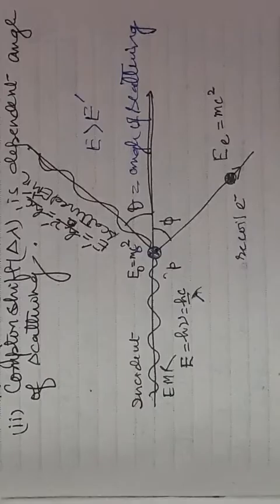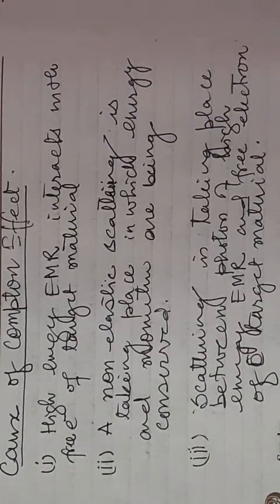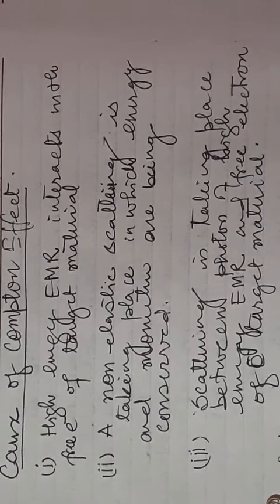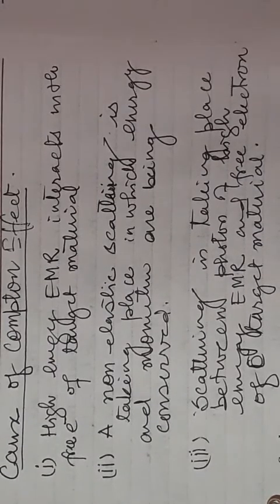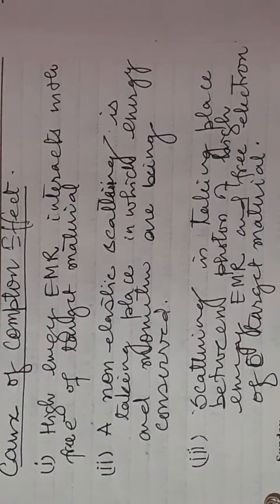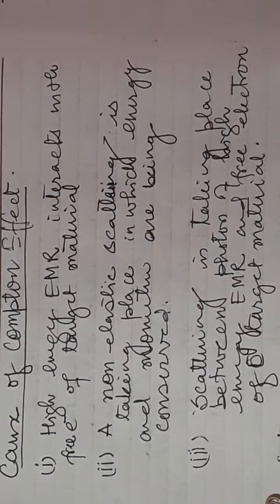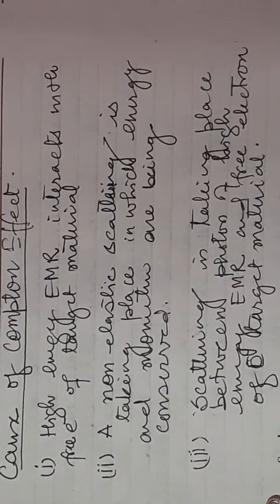Now, how do we explain this? The cause of Compton effect. First, a high energy electromagnetic radiation interacts with the free electron of the target material. Second, a non-elastic scattering is taking place in which energy and momentum are being conserved.